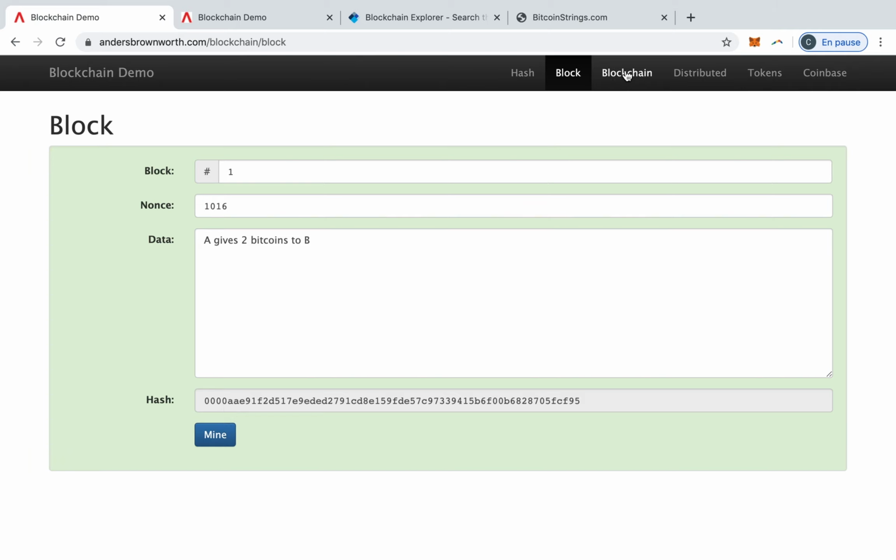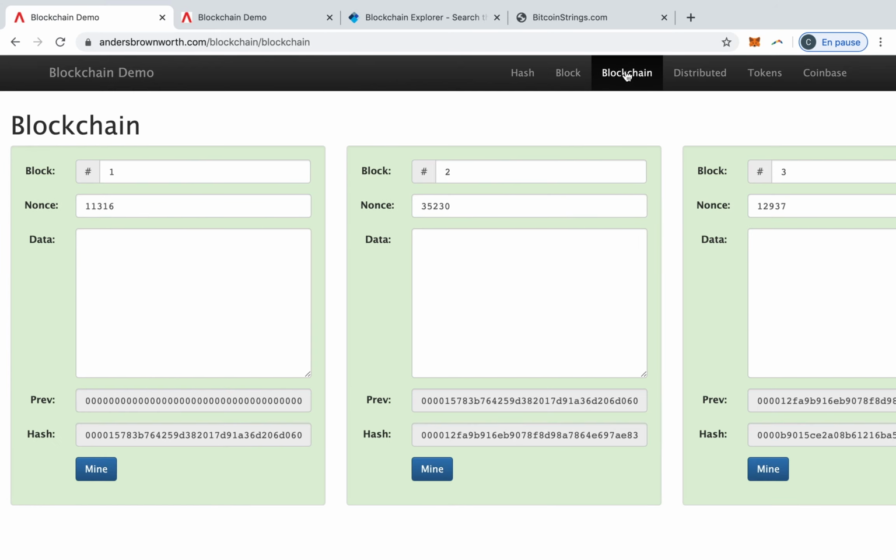For a real blockchain, I mean a blockchain which is a chain of blocks, actually, a block contains the hash of the previous block also. So let's make it clear about a block within a blockchain. There is the number of the block, let's say number 2. There is the nonce, this number to be found by mining. The data field, that is the transaction you decide to mine.